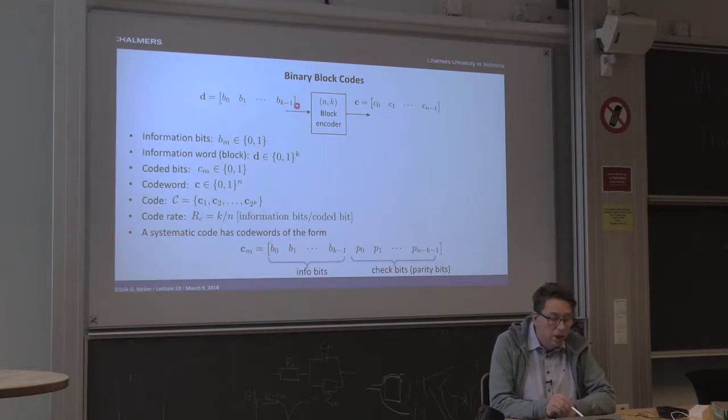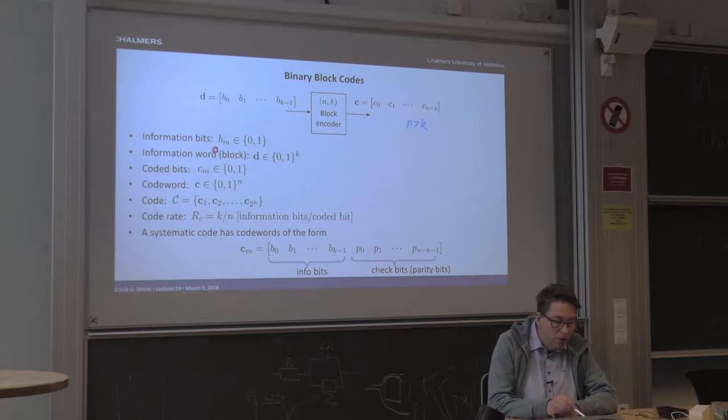So the idea is to take k, small k, information bits and put them into this encoder, and then we get n bits out. So the number of output bits n is greater than k for all practical block encoders. You can have n equal k, but then it's useless. Doesn't help you anyhow. So n is typically greater than k.